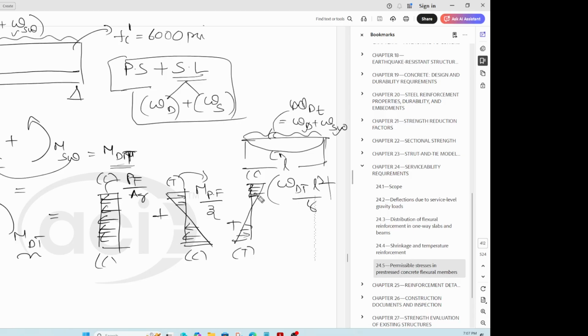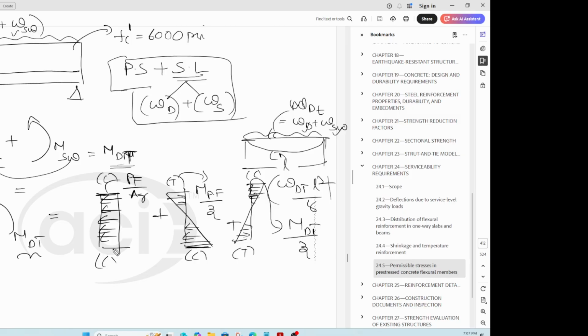And how do you calculate that stress? That will be from your moment due to dead load divided by the section modulus, right? So based on this, you can calculate your stress at either the top fiber or the bottom fiber.